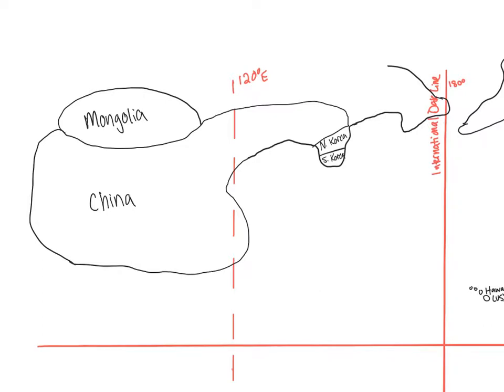Then we need to draw Japan, which is over here by the Korean Peninsula. There's 3 parts to it. This is Japan. And then Taiwan is about right there.